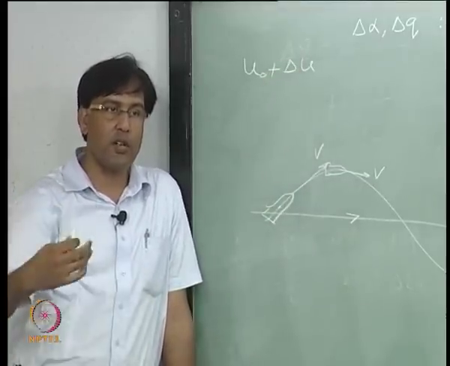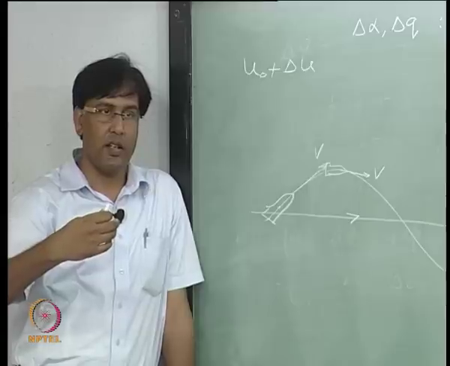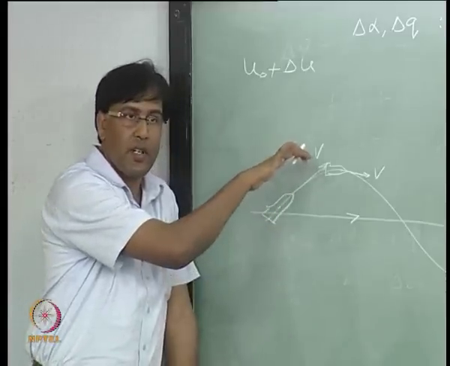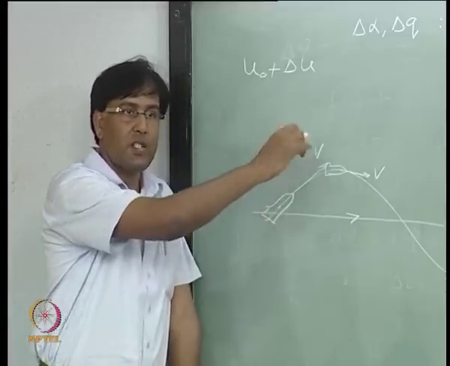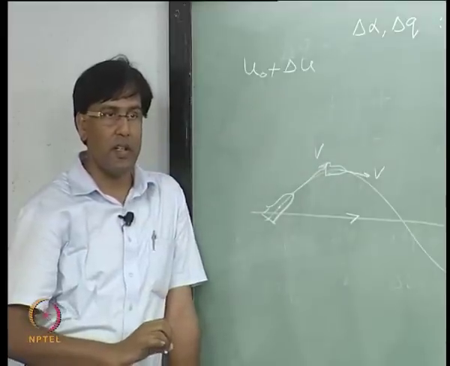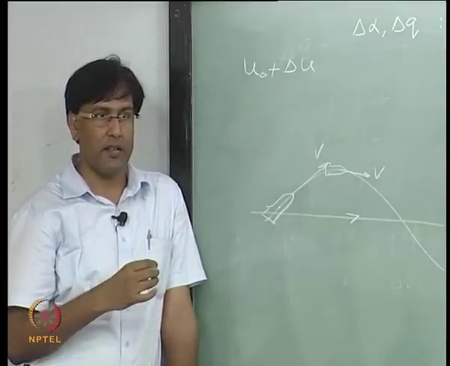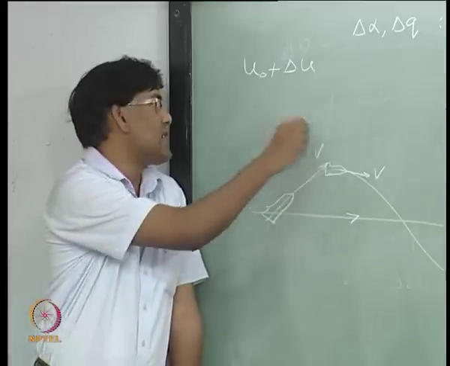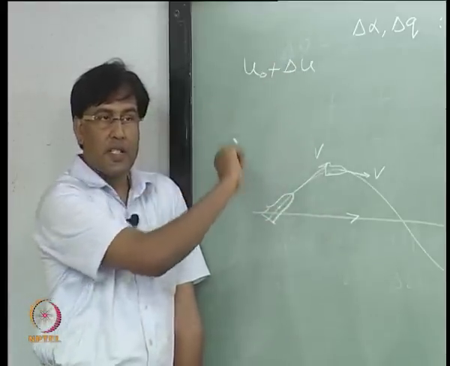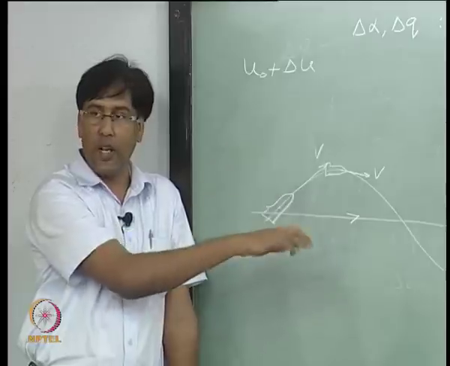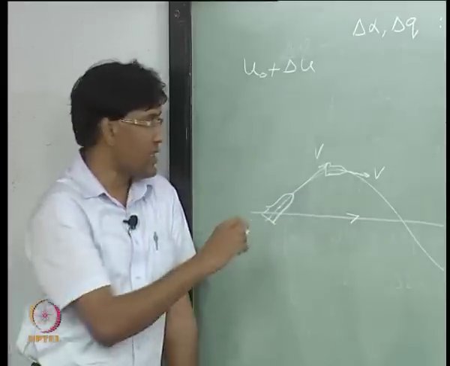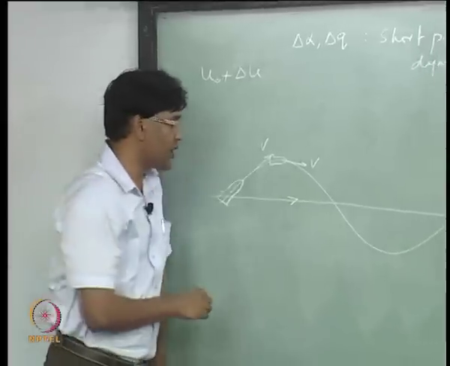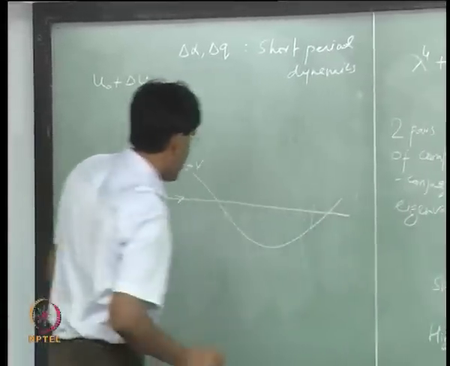So, you have more kinetic energy. So, the aircraft starts moving up and attains a height corresponding to that extra energy. Once it has exhausted that extra energy because of this delta u, it starts going down. That is how it follows this sinusoidal path in phugoid.